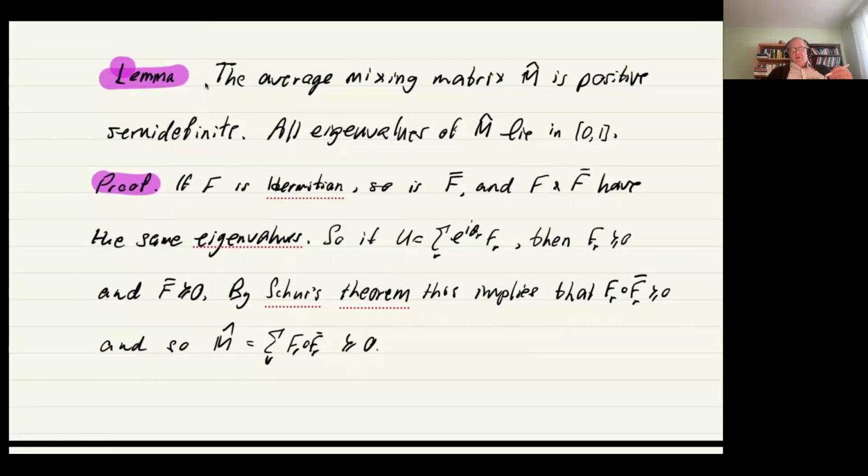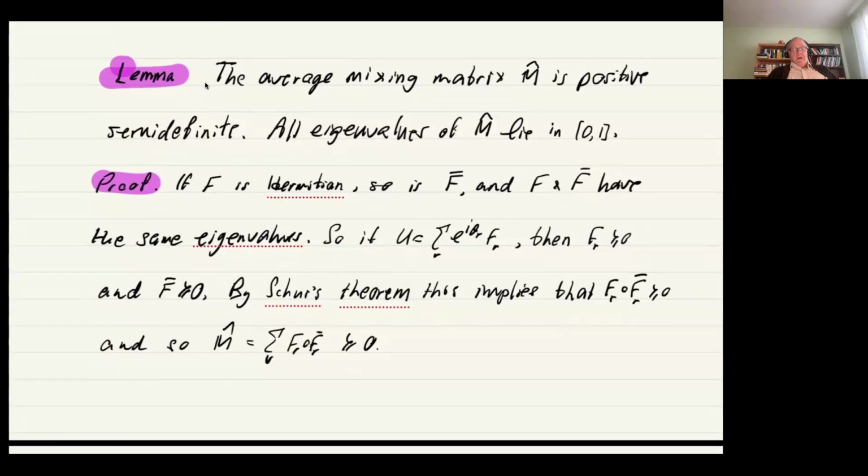I was going on before about bars and transposes, and that's partly because of what's about to come. If F is Hermitian, which it is, then so is F bar. Now, this, of course, gives you a headache, but it's true. And F and F bar have the same eigenvalues, because F is Hermitian, the eigenvalues are real.